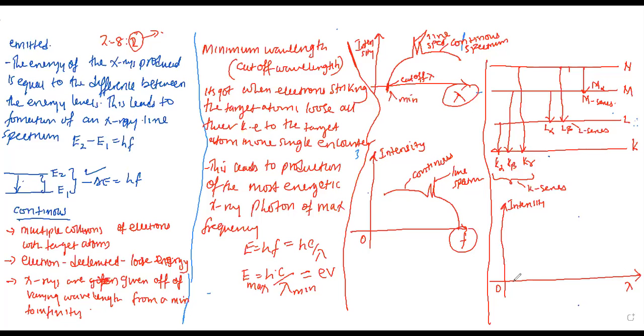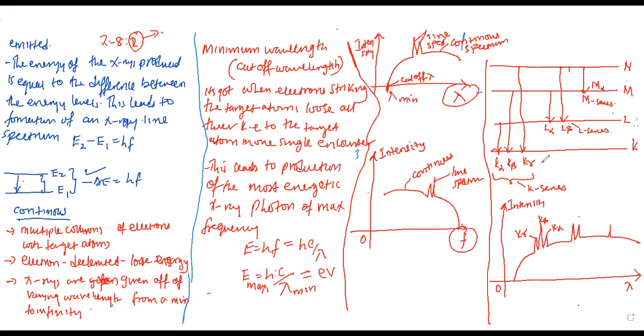It would look like this. We start with the K series. Then we go to the L series. So this one will correspond to K gamma, then this one will correspond to K beta, then this one will correspond to K alpha.